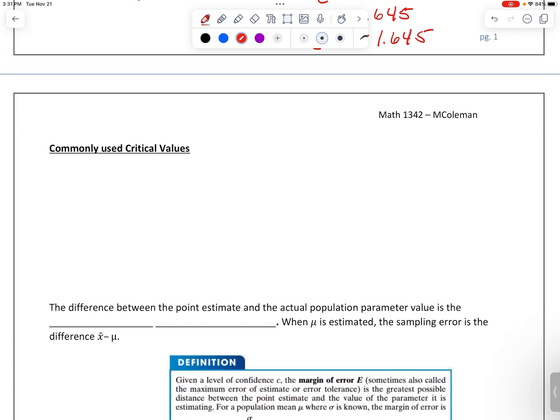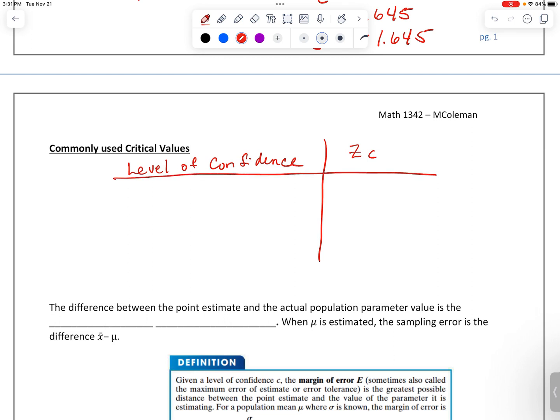But our commonly used ones, we have the level of confidence and the z-score. So again, if you memorize this table, you're going to be in better shape. So we have 90%, which is the one we just looked at, and the positive is 1.645.